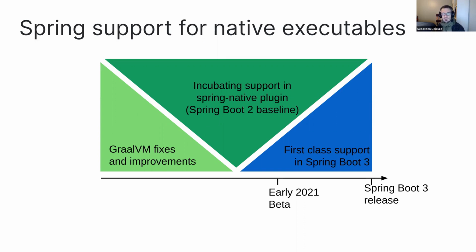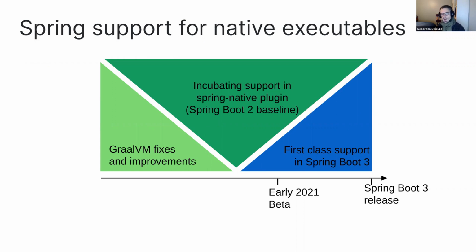Right now, we are incubating the Spring Native plugin, which is basically a way to produce configuration to run a Spring Boot application on this native platform, because there is a need for various things like proxies, reflection, etc. And the Spring Native plugin is basically going to optimize your Spring Boot application in order to have a smaller footprint and to have better compatibility with this GraalVM native platform.